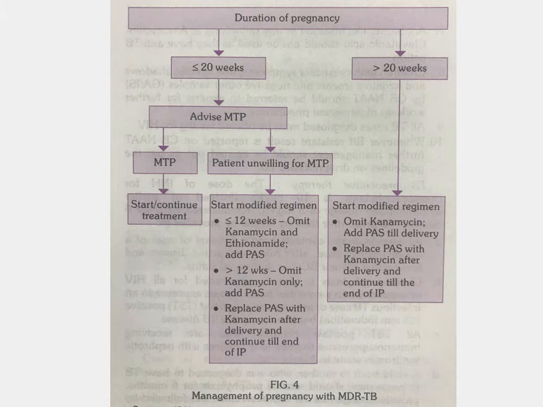And of course, the doctor should send the patient to the population welfare center, or he or she should use the cafeteria choice from among these methods which I have mentioned, so that there is an informed consent from the patient. And the management of MDR TB patients with pregnancy is summarized in this flow chart, which you can see in this slide.